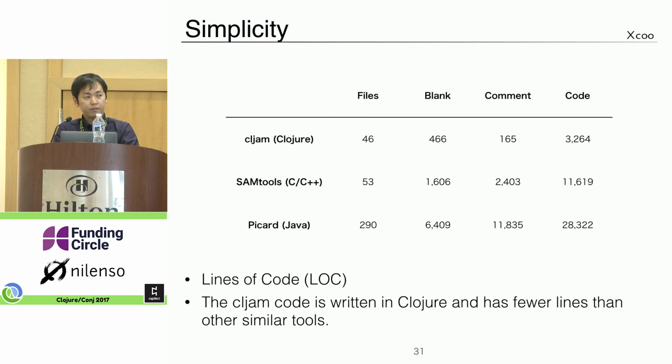Well, how about simplicity? Unlike performance, it is hard to measure simplicity because it is subjective. This is a lines of code comparison between Clojure, SAMtools, and Picard. The rightmost column shows the number of effective lines. The LOC of Clojure is about a quarter that of SAMtools and 1/9 that of Picard. Of course, this result may not show actual simplicity, but we feel the Clojure code base is more simple.